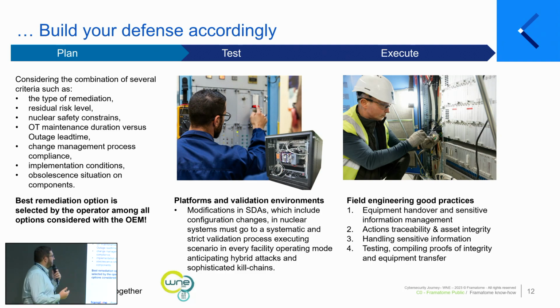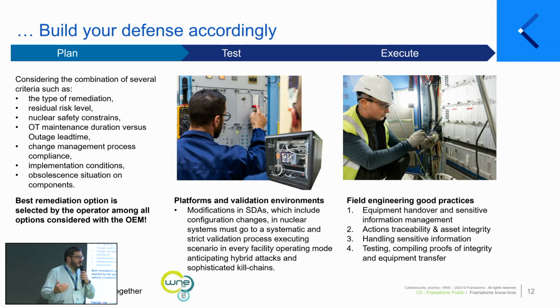And these are some examples of KPIs you can look at to be sure that your remediation plan is a feasible one. One of the indicators, for example, is the OT, or let's say the computer security, maintenance time versus the outage time.